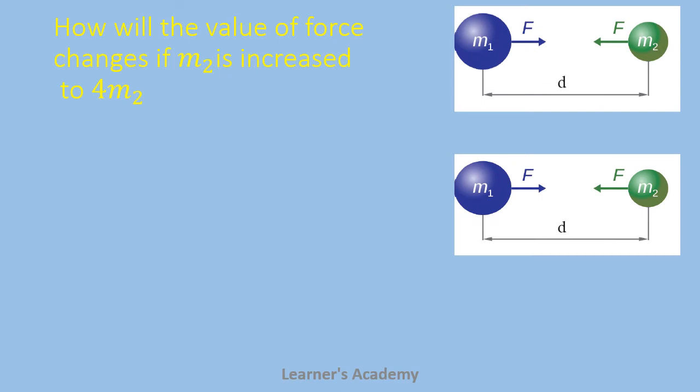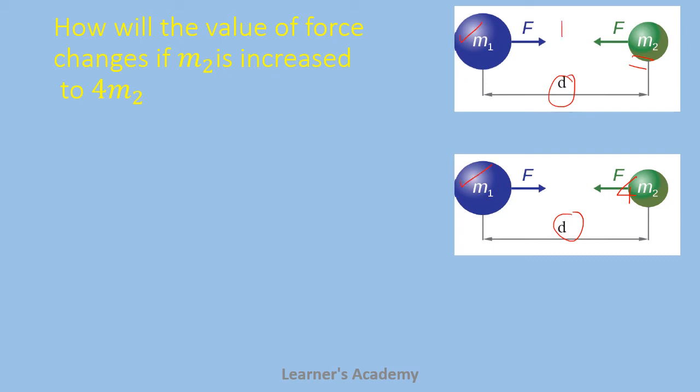Now you are asked the question: how will the value of force change if m2 changes to 4m? That means the mass of the second object is now 4 times the initial mass. Provided the distance remains the same, m1 remains the same.